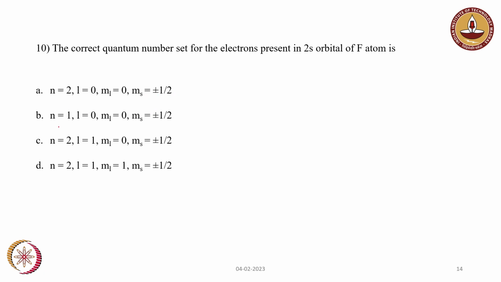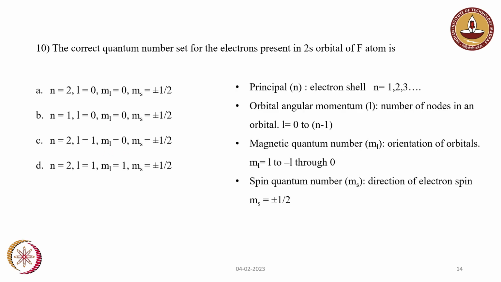The changing values are for N, L and ML. We need to know 4 quantum numbers: principal quantum number, orbital angular momentum quantum number, magnetic quantum number, and spin quantum number.